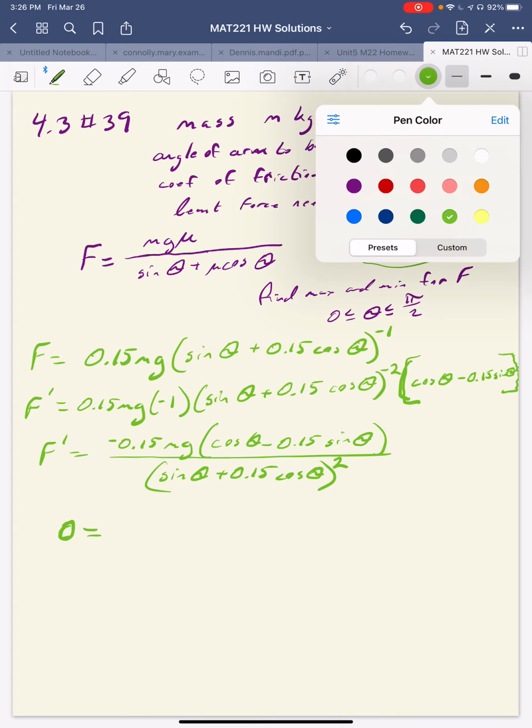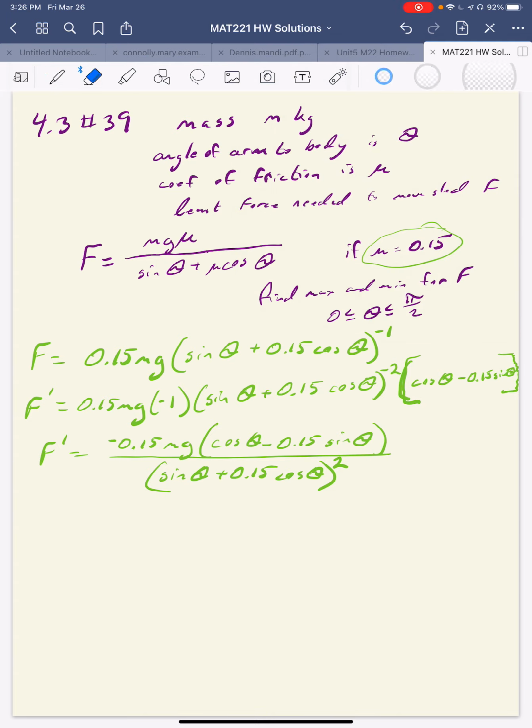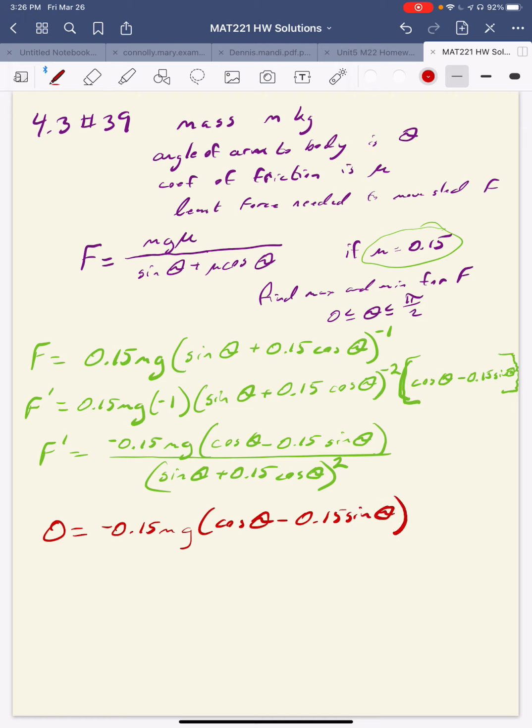Let me change colors here so we can see I'm on to a different step. So 0 equals negative 0.15 mg times cosine theta minus 0.15 sine theta. Now divide both sides by the negative 0.15 mg, and I end up with just 0 equals cosine theta minus 0.15 sine theta.